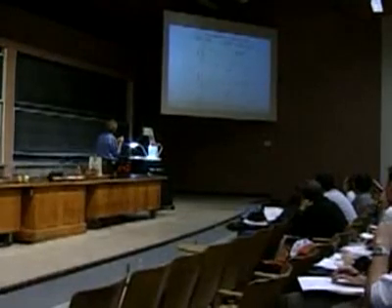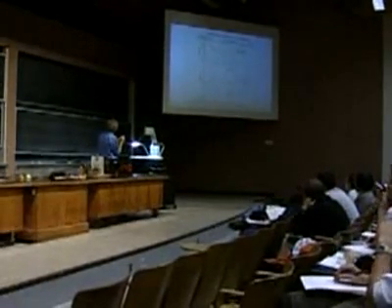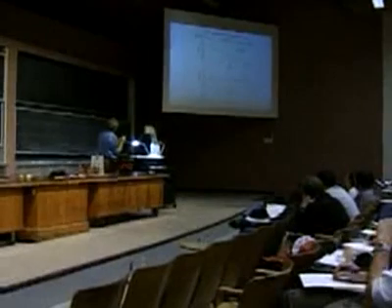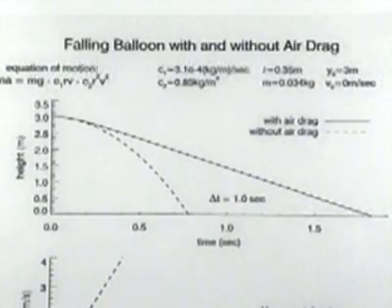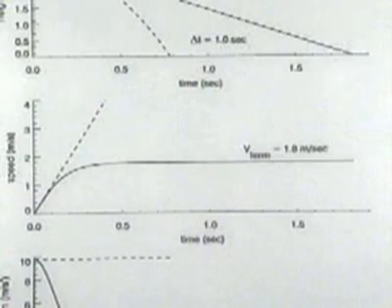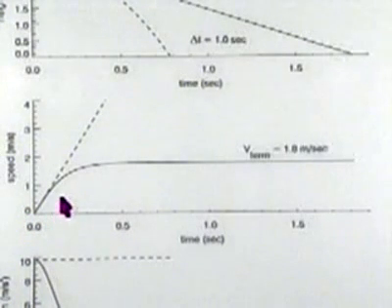If there were no air drag, remember we dropped an apple early on from 3 meters, it will hit the floor at about 780 milliseconds. However, with the air drag, it will be about 1 second later, more like 1.8 seconds. So the 1.7 wasn't bad, as you see. But if you look here at how the speed builds up as a function of time, you see it takes about 3/4 of a second to build up to that terminal speed, which is the 1.8 meters per second that you have there.